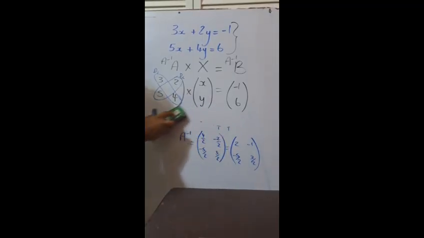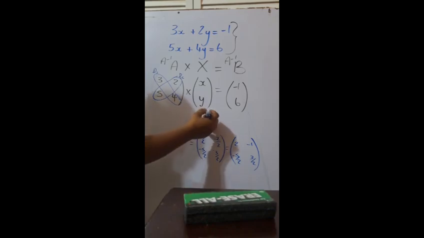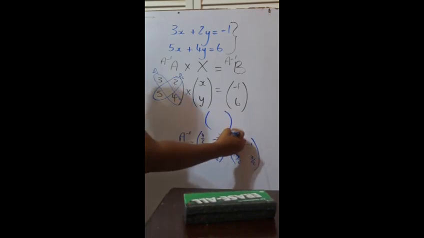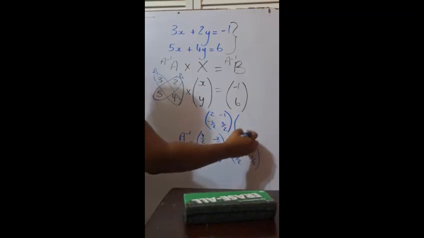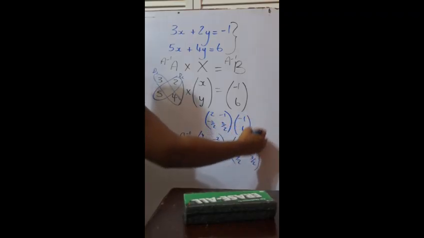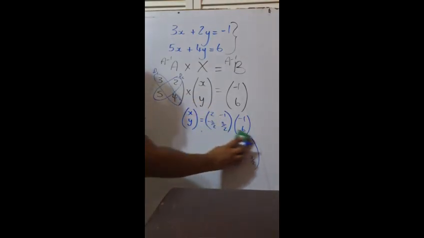So let us complete that process. We would have found the inverse. We want to take that inverse and use it to multiply the elements in B. So that's the matrix 2, -1, -5/2, 3/2 multiplying -1, 6. When I have done that, it will solve for the values of x and y. So let's go.